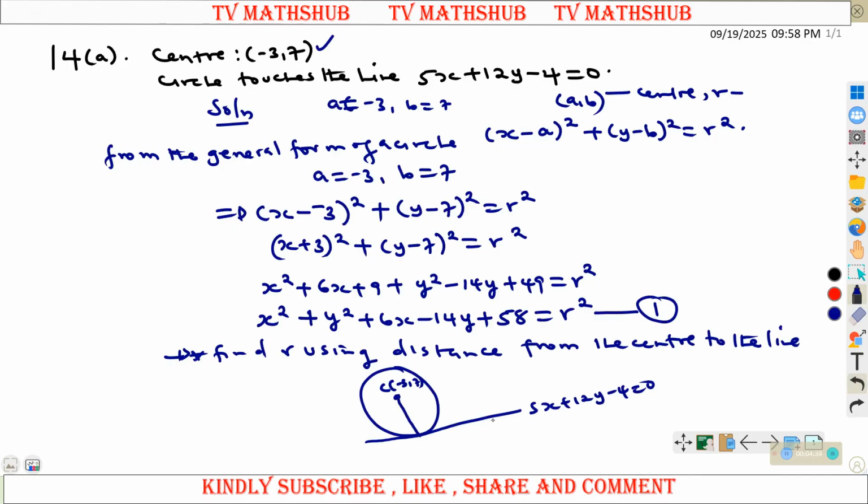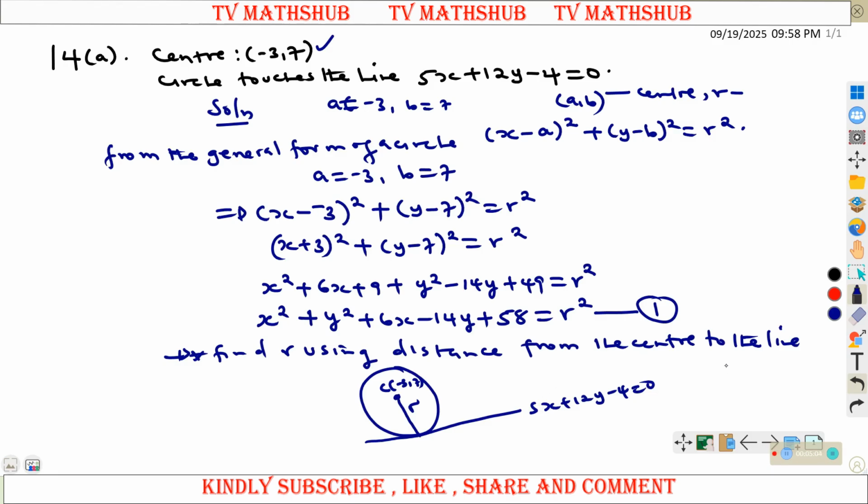The circle is touching this line. So you realize that what we have from this given point up to where the line is touching the circle, we have that as the radius r. So meaning that we can use this point, which is the center, and this line to get this distance. In other words, we are interested in getting the distance from a point to a given line.